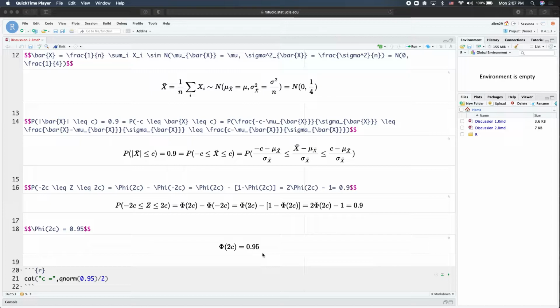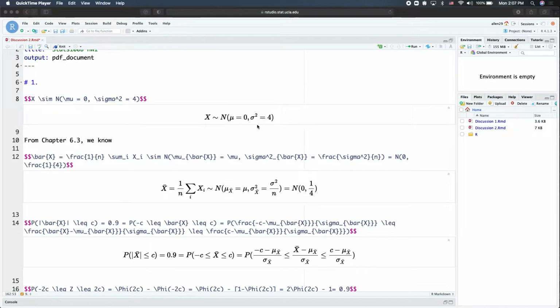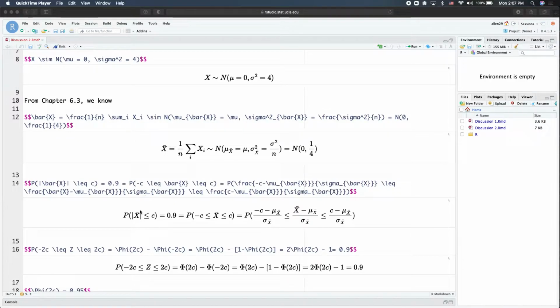So this is the distribution for the individual component, the individual random variable. We have 16 of them. The question is asking for x bar, or some quantity of interest, but the baseline is that we need to know the distribution for x bar as well. x bar is just the average of the 16 random variables.